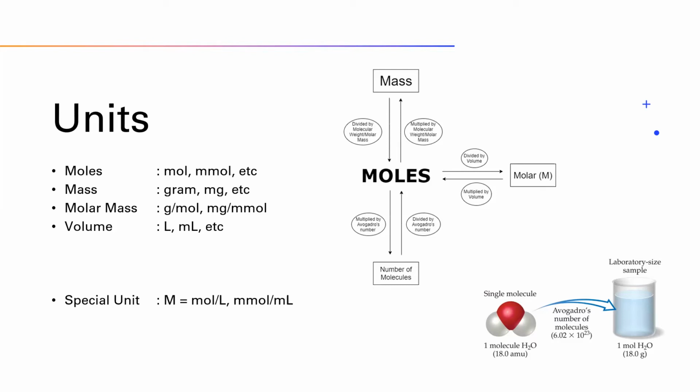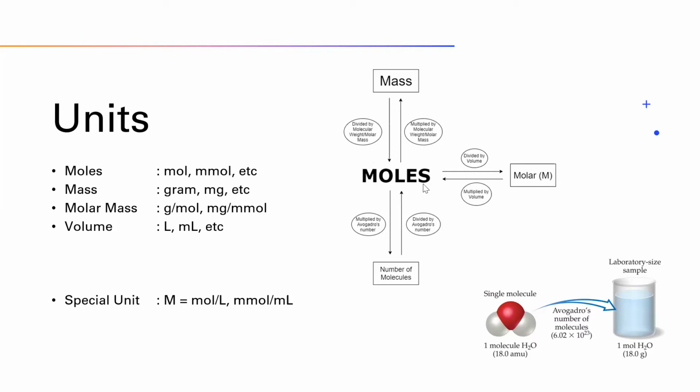First, when we want to convert moles to mass, we have to multiply it by molecular weight or molar mass, and vice versa. When we want to convert mass to moles, we have to divide it by molecular weight or molar mass.